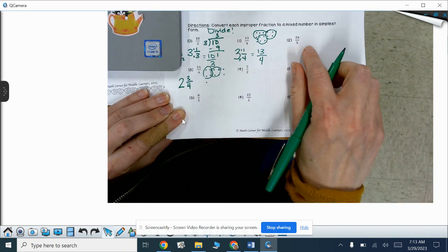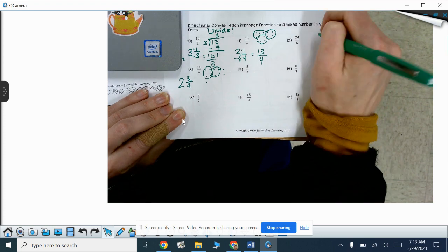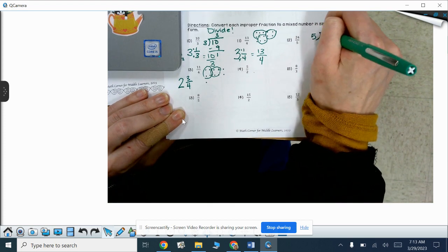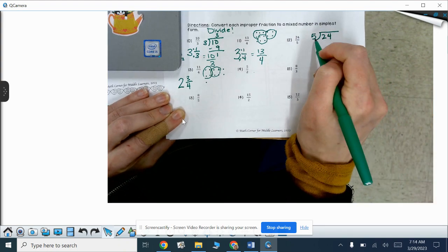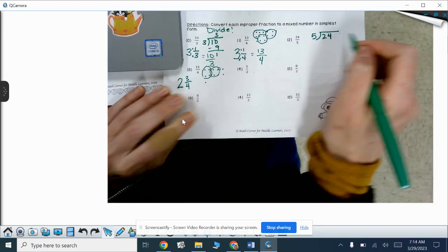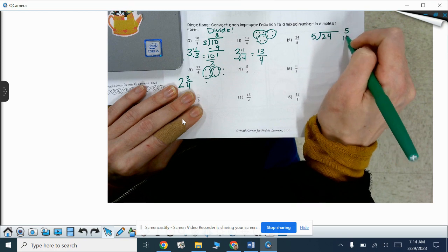I'm going to try number 12 with the division. My numerator goes inside my house. How many times can I subtract 5 from 24? I'm going to list out my multiples of 5.